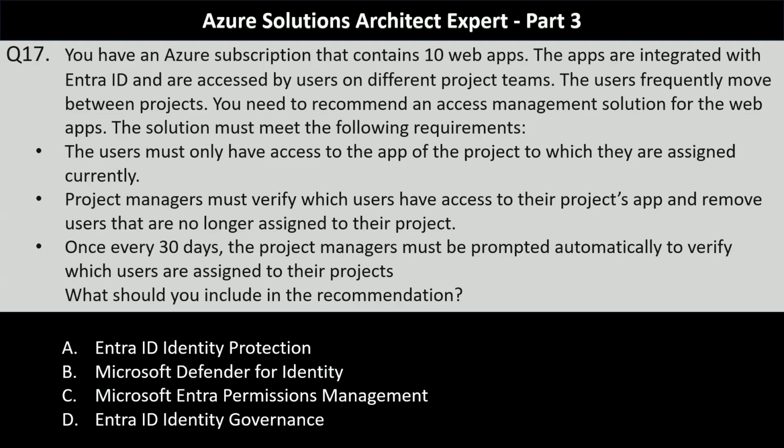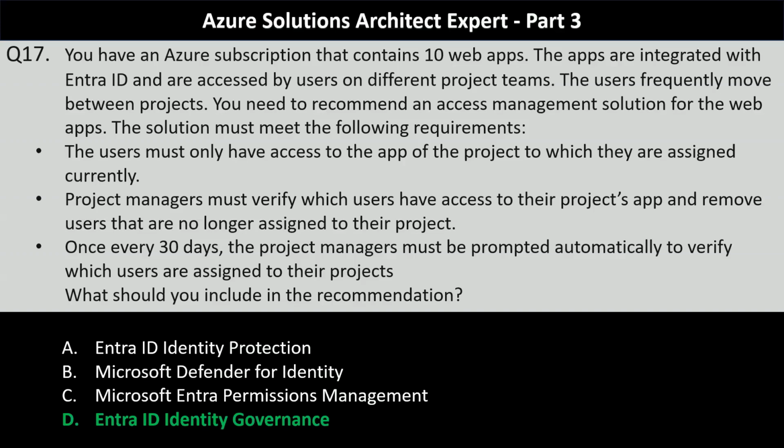What should you include in the recommendation? And your options are Entra ID Identity Protection, Microsoft Defender for Identity, Microsoft Entra Permissions Management, and Entra ID Identity Governance. The best recommendation for this scenario is Entra ID Identity Governance.